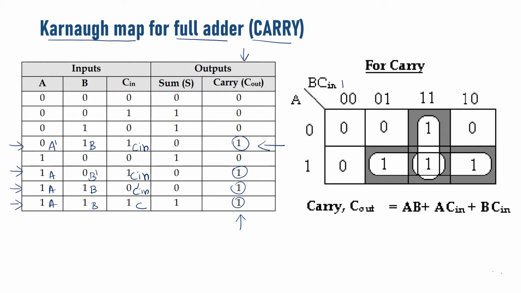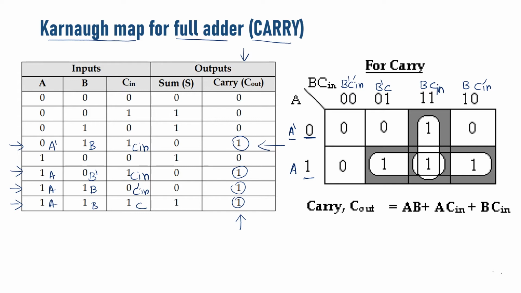Here it is B dash C in dash, B dash C in, B C in, and this will be B C in dash. Here it is A dash since it is 0, and here it is A. This is A dash, so we are supposed to find A dash B C in.